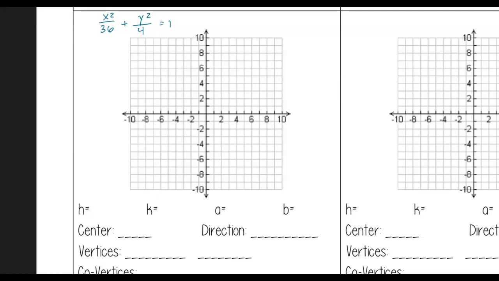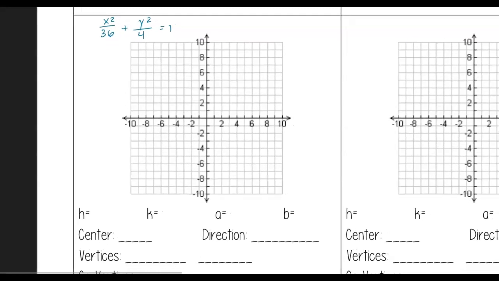Where's our center? So remember, yes, exactly, Aubrey. Remember, h and k are subtracted from x and y respectively. So if there's nothing being subtracted from x, that means our h value is 0. And if there's nothing being subtracted or added from y, that means our k value is 0. So our center is 0, 0.